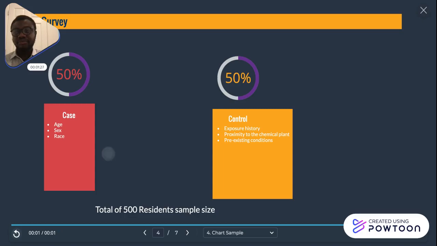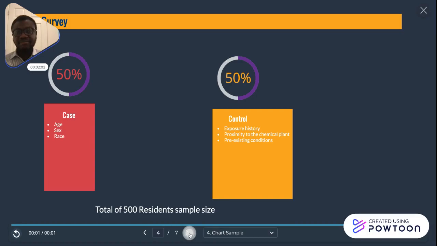The first comprised data regarding age, sex, and race, and the other section of data collected involved questions based on the level of exposure, the history of exposure, including questions on how long the residents have lived in the area, proximity to the chemical plant, how often they commute around the chemical plant, their smoking history, and if they had any pre-existing conditions.